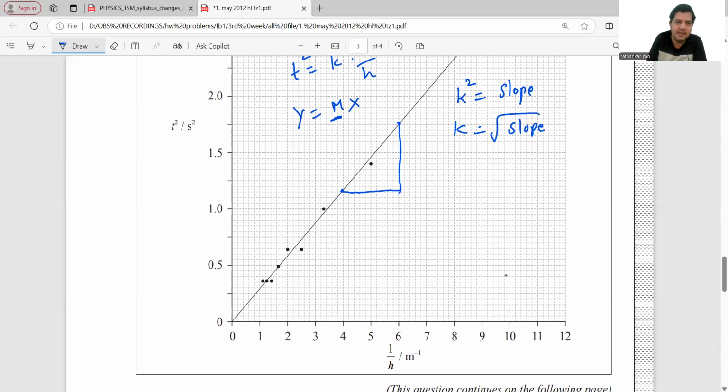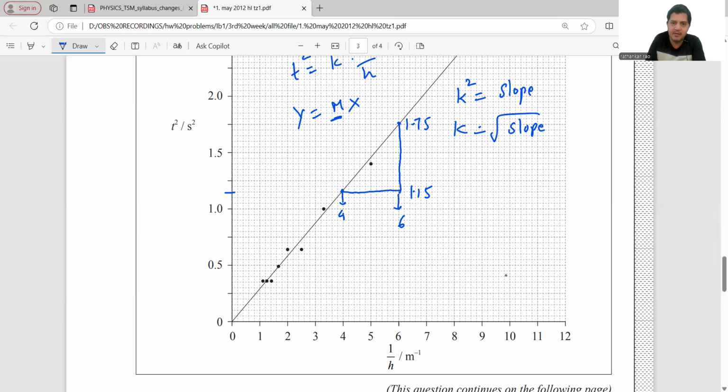The y value corresponding to this is 1.75, and the y value corresponding to this one here is 1.15. And what is the x value here? The x value here is 6, and the x value here is 4.